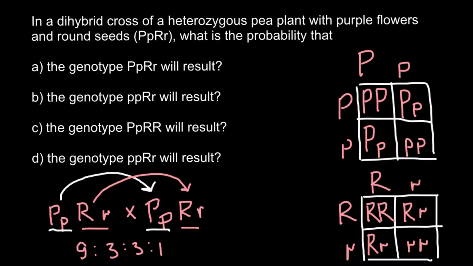For example, question A, the genotype that is capital P small p, capital R small r. Let's find the probability for the first gene P to be heterozygous. And as you see, probability is 1/2. So let's put 1/2 for the first gene. And what is the probability for the second gene R to be also heterozygous?